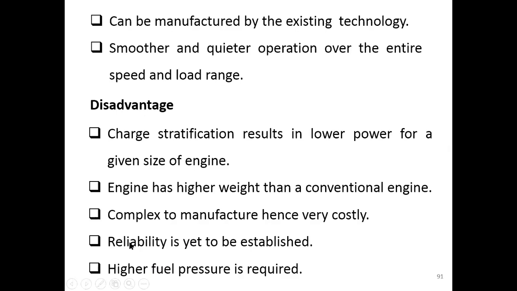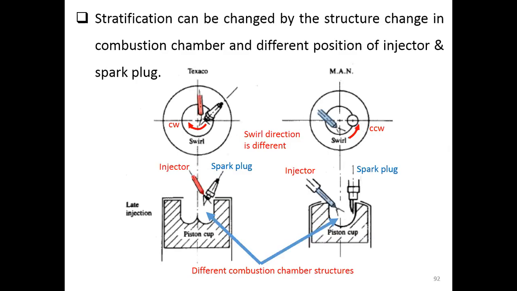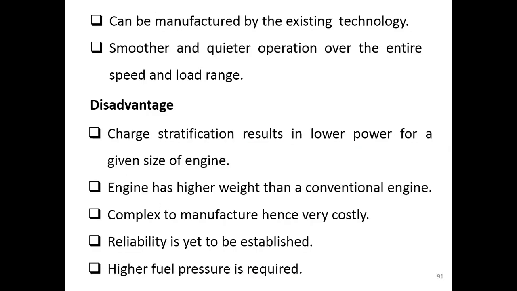In the past, when people started to think about this, the reliability was a problem because they have rich and lean mixtures combusting together. Higher fuel pressure is also required. They have to send higher pressure than the CI engine to ensure that the fuel can swirl back. So these are the disadvantages, but most of them can now be overcome, even though not perfectly, part of it can now be overcome.